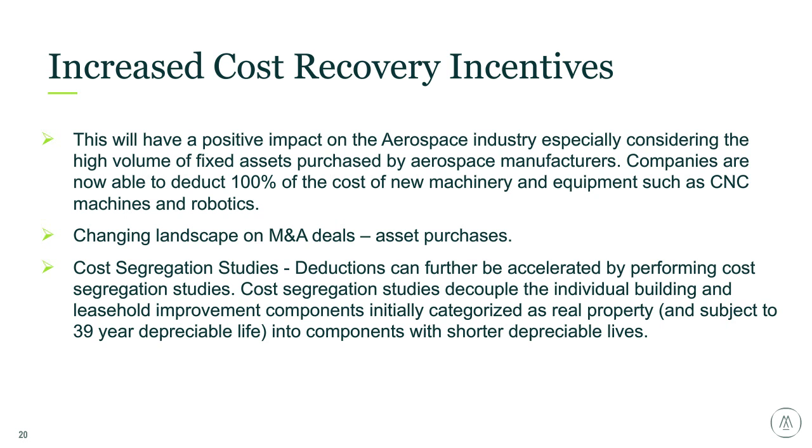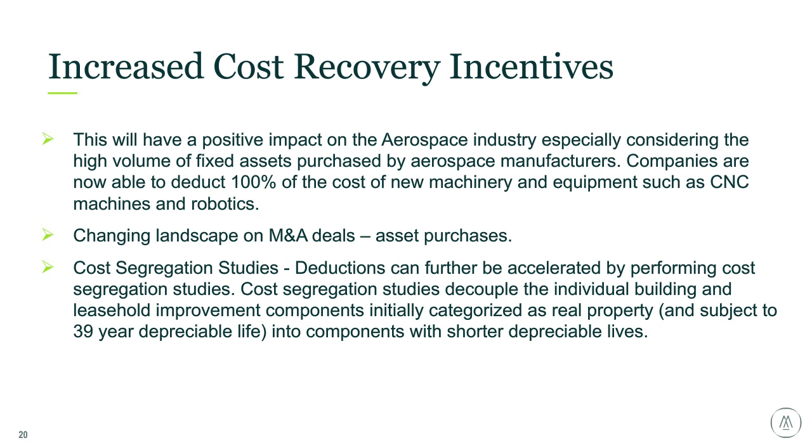One thing that's worth mentioning is that there is another way to accelerate the deductibility of assets of real property, and that's through cost segregation studies. Cost seg studies break out the individual building and leasehold improvement components, which were initially categorized as real property and subject to a very long depreciable life of 39 years.